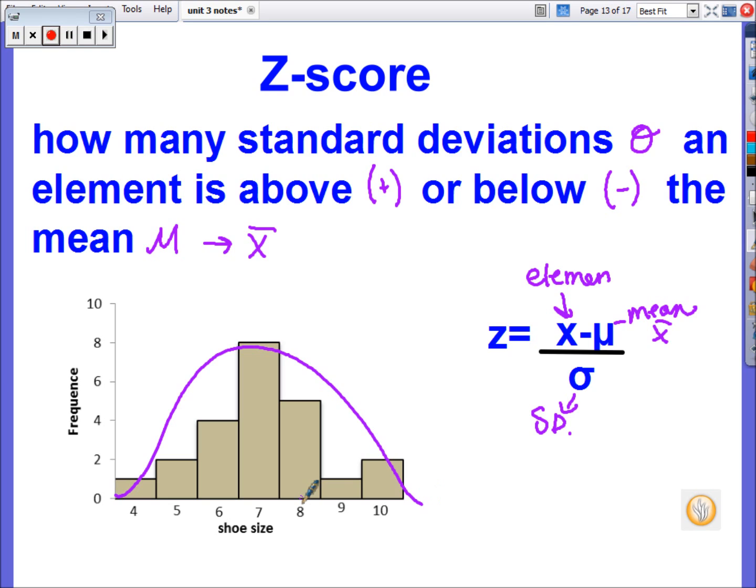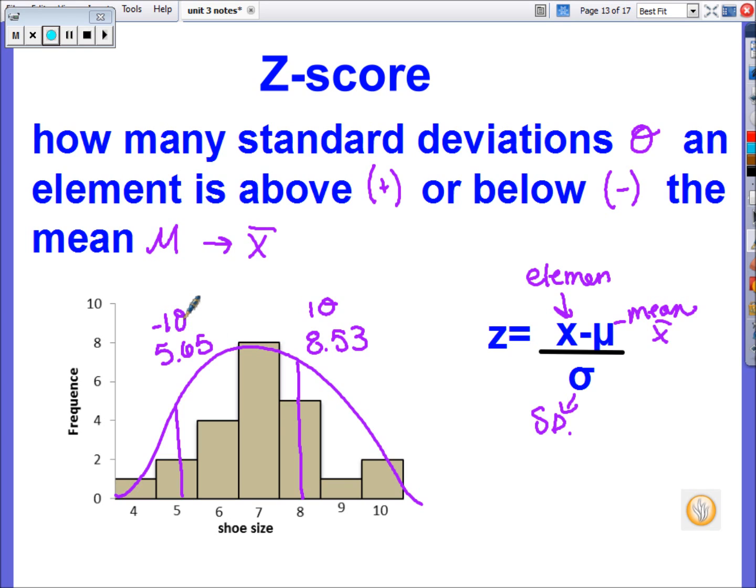So here, one standard deviation above the mean is actually 8.53. That's one standard deviation. And one standard deviation below the mean is right here at 5.65.